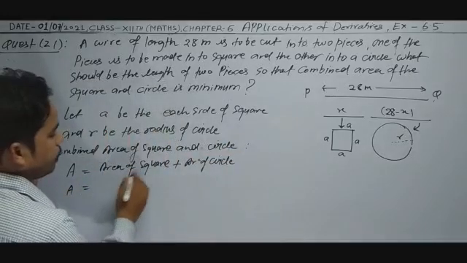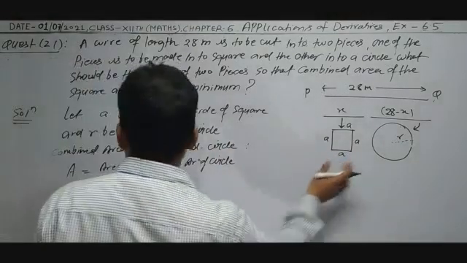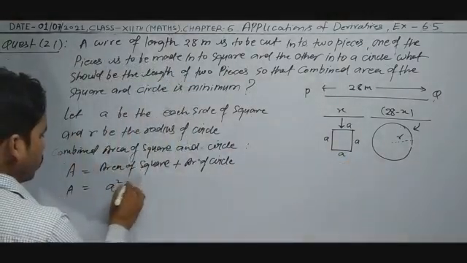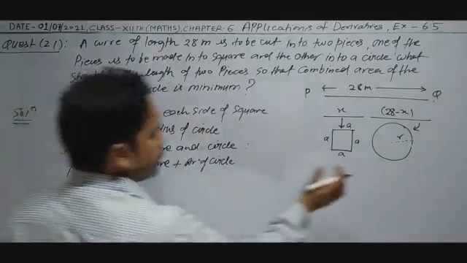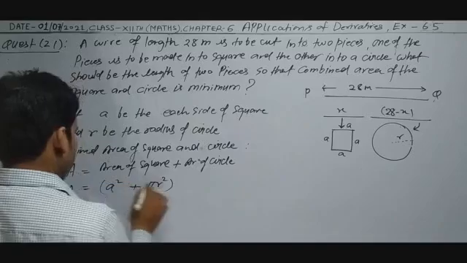Area of square is a squared, side into side, and circle area is pi r squared.